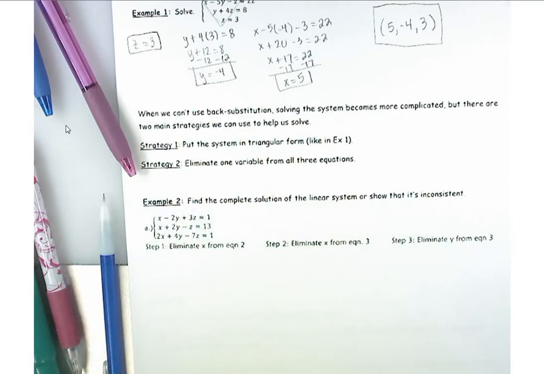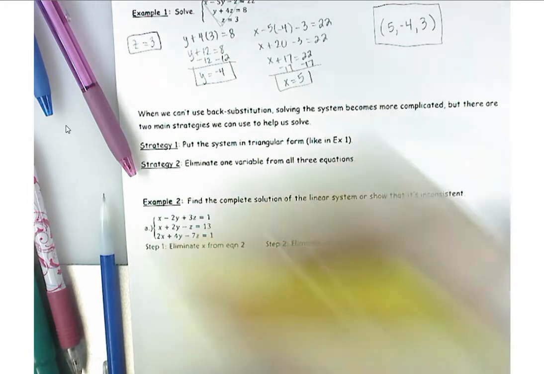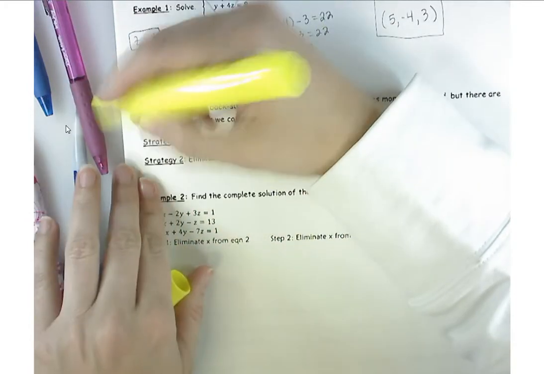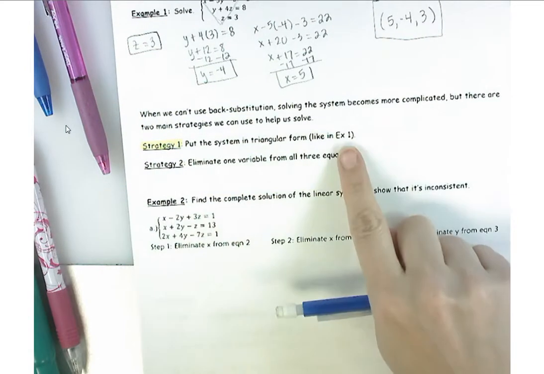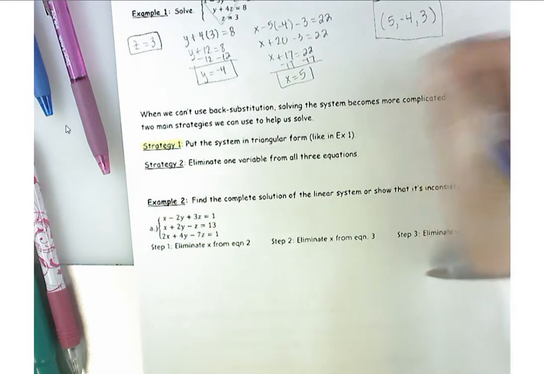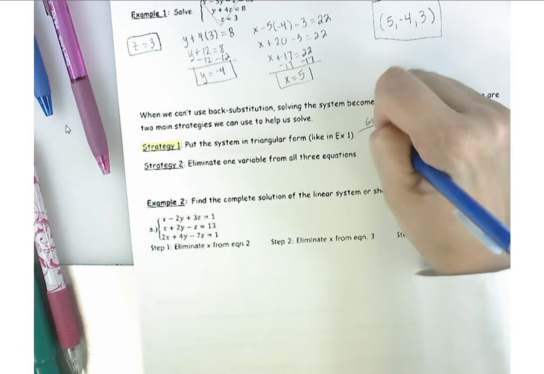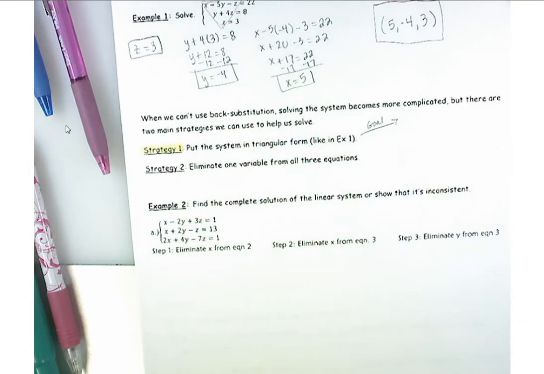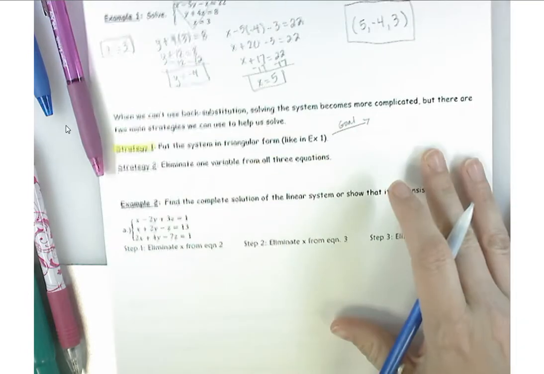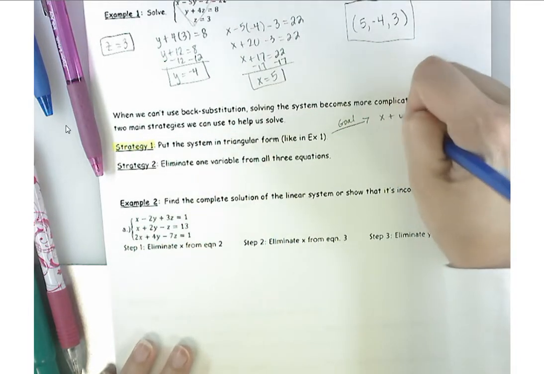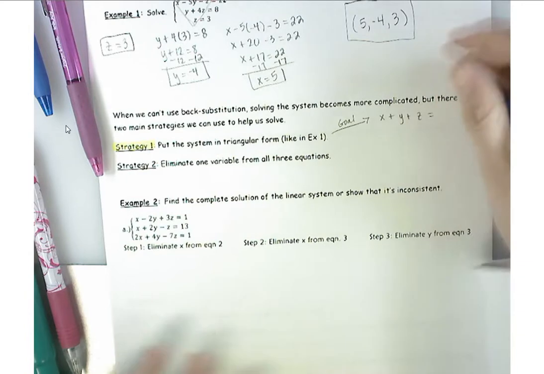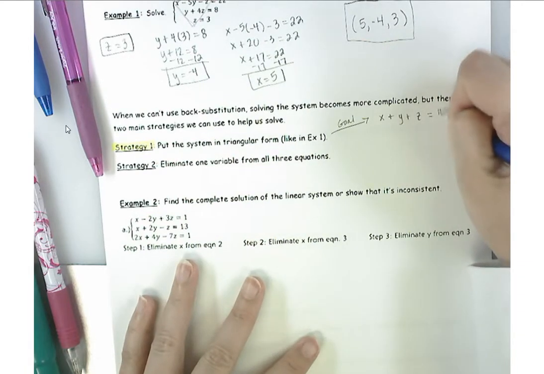So the first strategy is to put your system in triangular form. Okay, just like we have the form in example 1. So when you're doing that, your goal is to get a system where you have an x, a y, and a z equal to some constant, equal to some number.